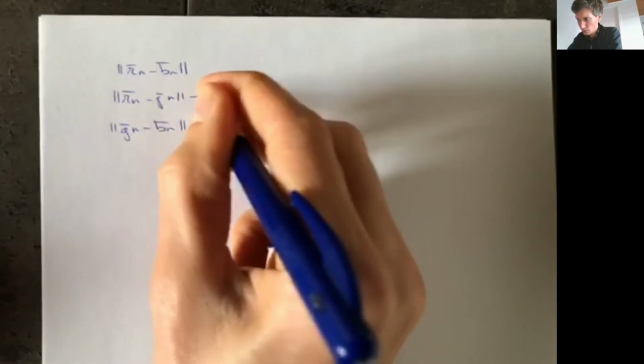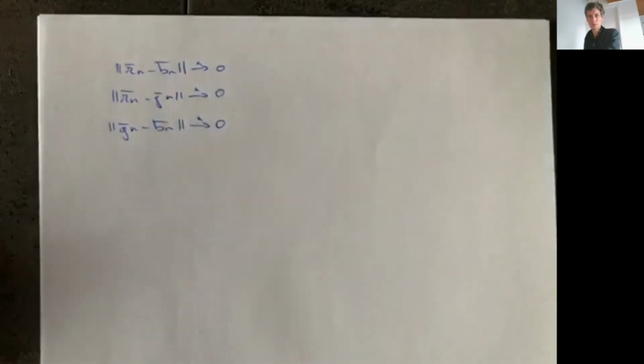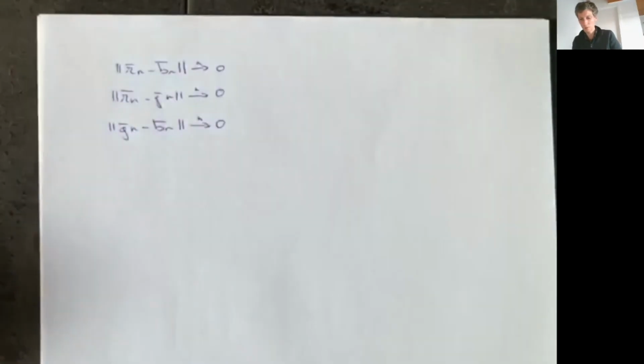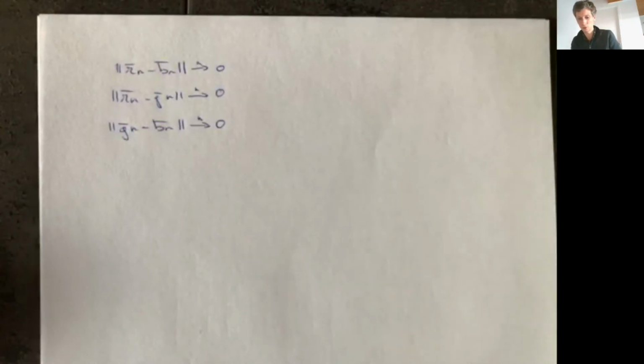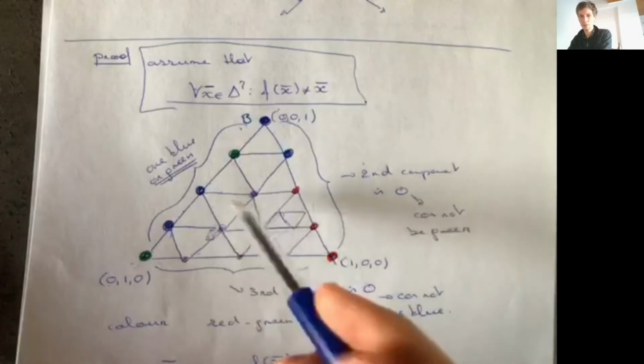Well, all of these will go to 0. Okay, so that's a given, because the triangles get smaller and smaller, the diameter converges to 0. So all these things will converge to 0. But it's still possible that they move around in this triangle, right? So it's not like they have to be nested inside each other.